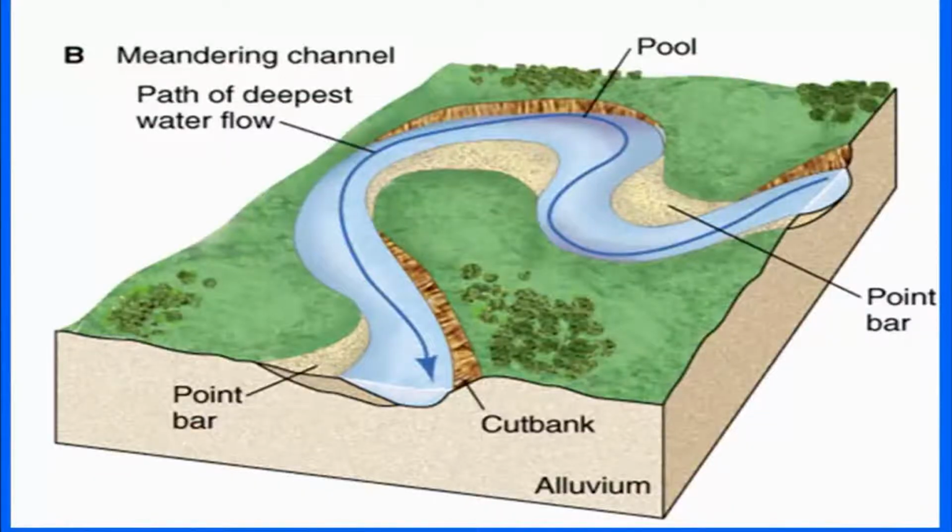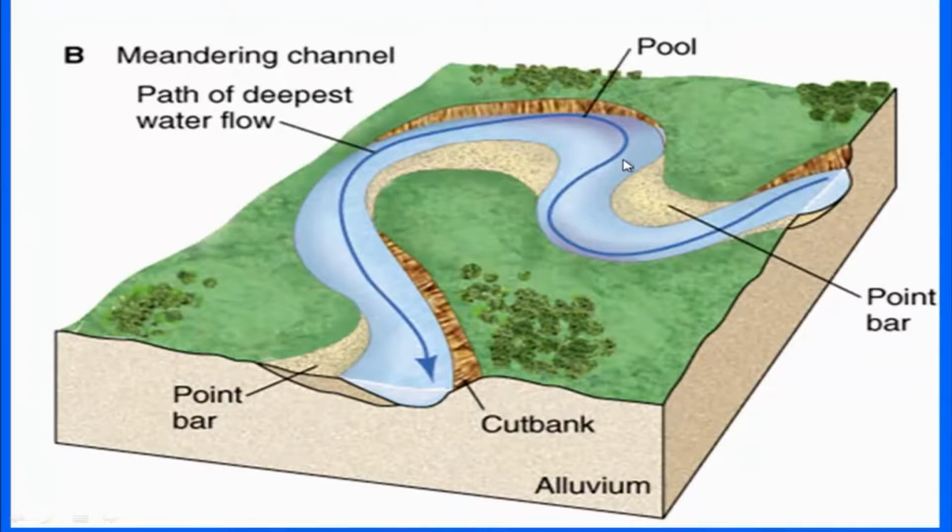Then we have the meandering pattern. The meandering pattern will be like a snake crawling on the surface. It is a zigzag or sinuous pattern, and the pool, that is the deepest portion in the meandering channel, will be on the outer side where it erodes.